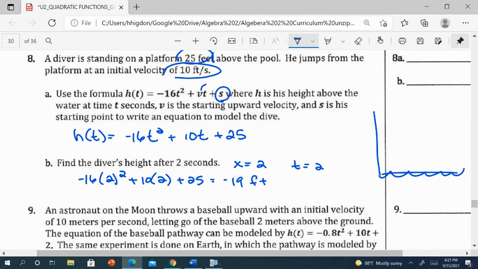This diver jumps off of a platform into the water, and after 2 seconds, they are 19 feet below the water. So you can say negative 19 feet, or you could say 19 feet below the water. Both of those answers are fine.